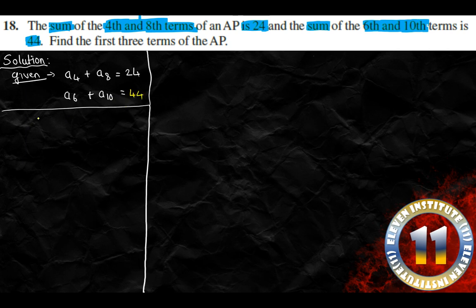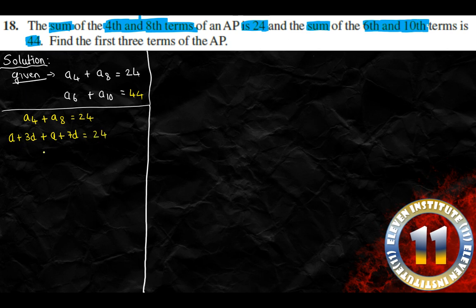Yes. So let us write over here A4 plus A8 is equal to 24. Now instead of A4 we can write A plus 3D, and instead of A8 we can write A plus 7D, and here 24 will remain as it is.